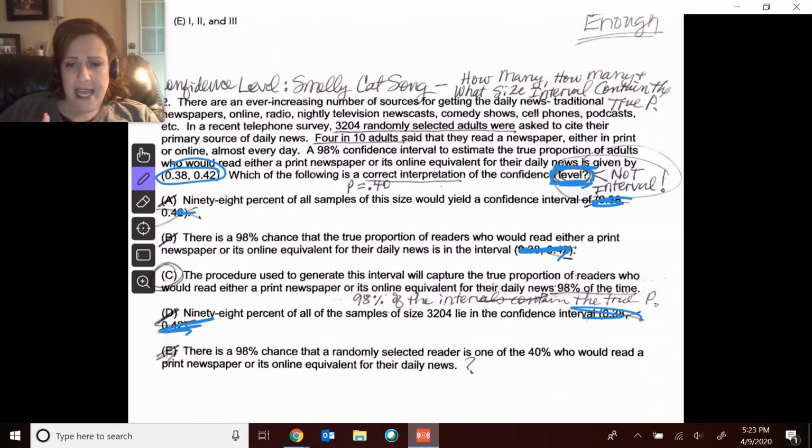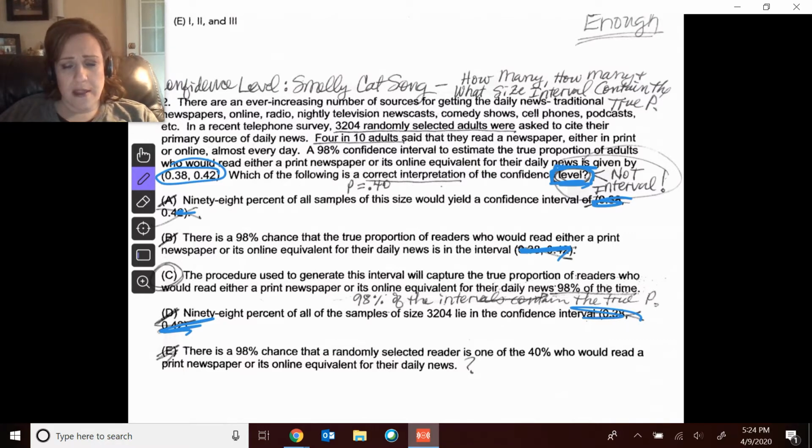And so remember that with confidence level, remember all of those intervals. We're talking about how many, and what size interval, how many contain the true P. And so about 98% of all 98% confidence intervals are going to contain that true proportion of whatever it's talking about here.